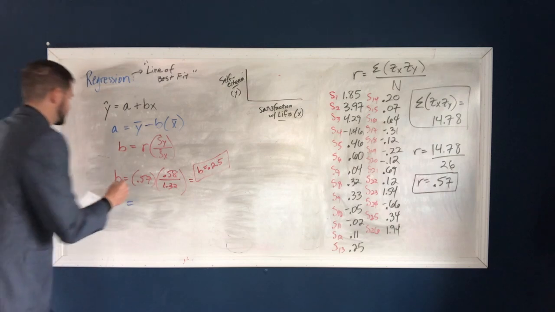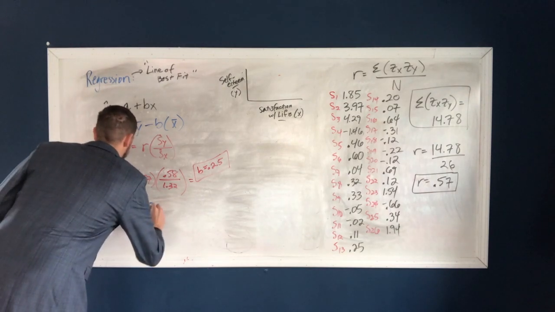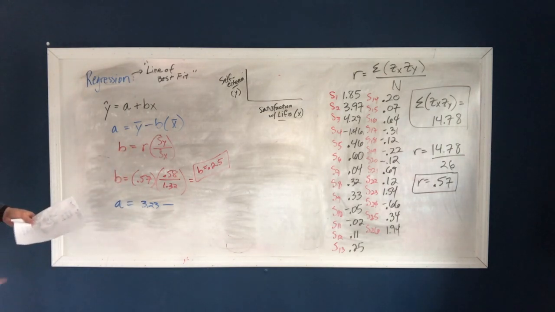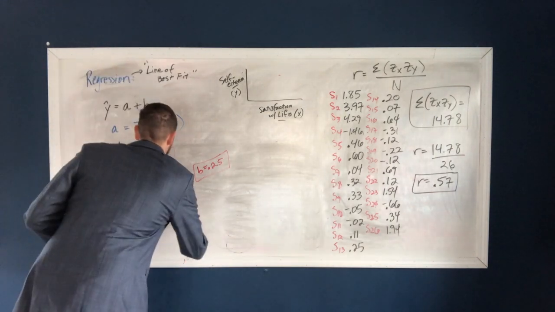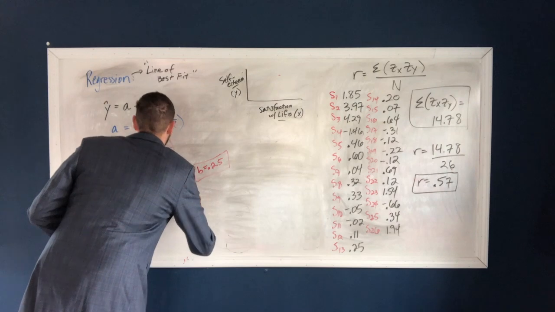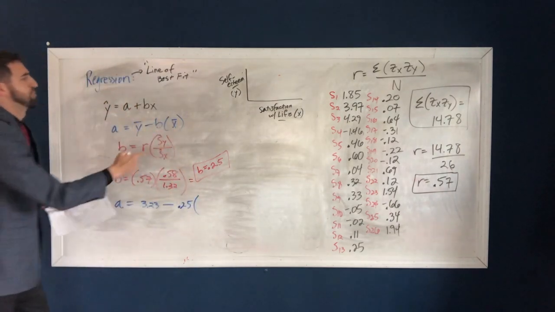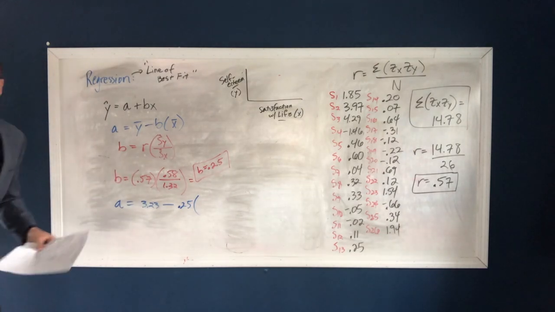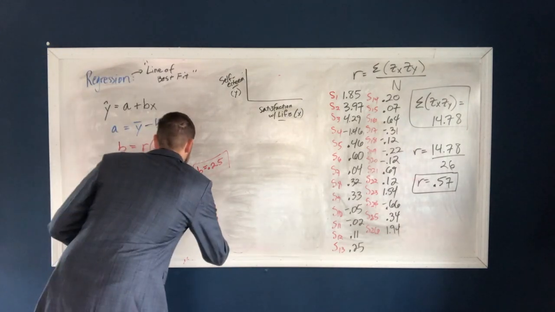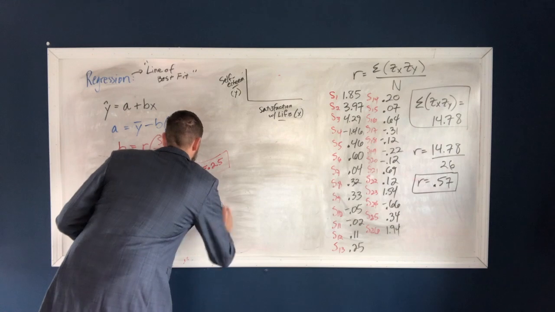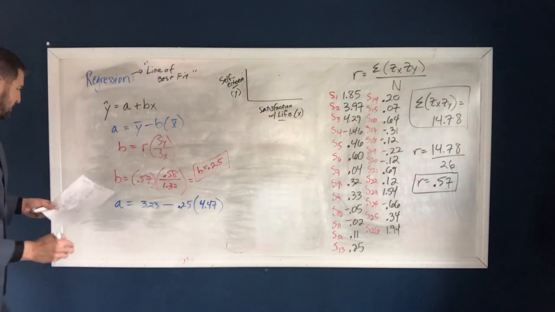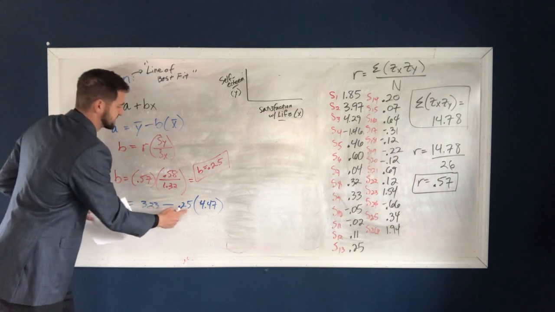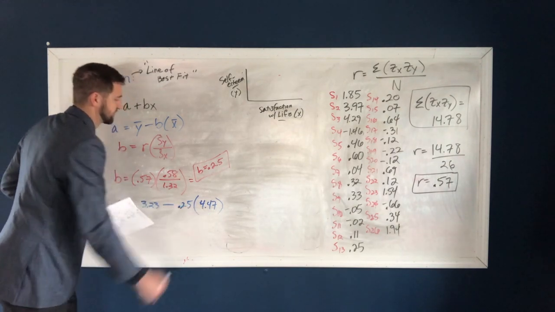The mean for self-esteem is going to be 3.23, minus B, which is 0.25, multiplied by the mean for satisfaction with life. The mean for satisfaction with life is 4.47. So 3.23 minus 0.25 multiplied by 4.47.